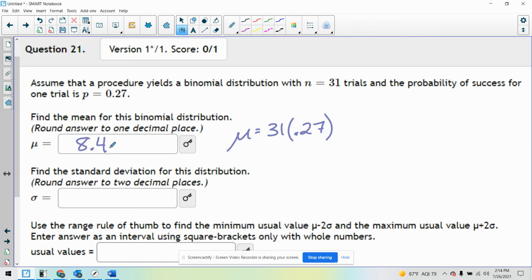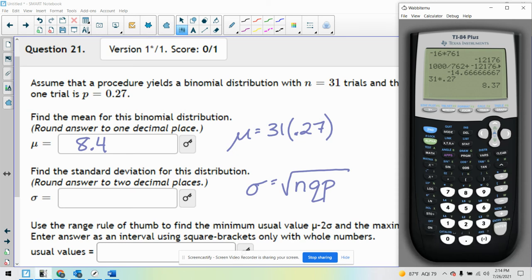Find the standard deviation. So sigma is the square root of n times p times q. So the first thing I'll do is hit the square root button.